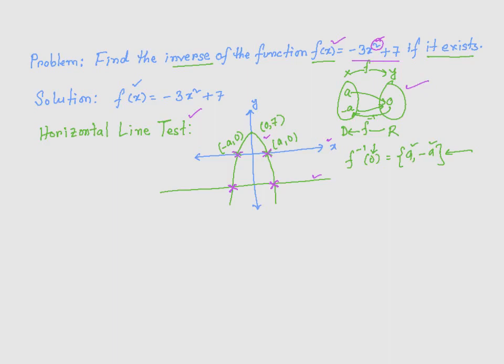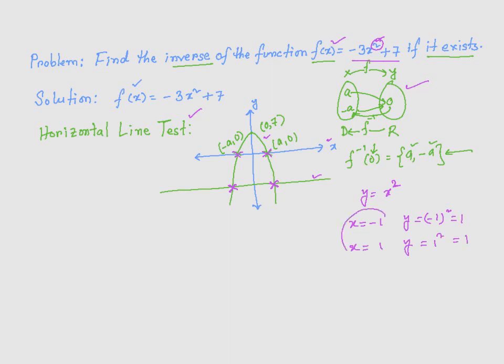Like for instance, for simplicity, I'll give you an example here. y is equal to x squared. Let's use the easy one. If x is -1, y is (-1) squared, which is 1. If x is +1, y is 1 squared, which is 1.